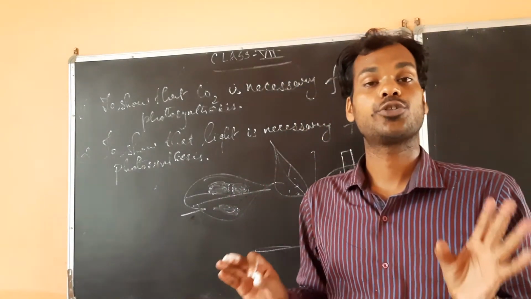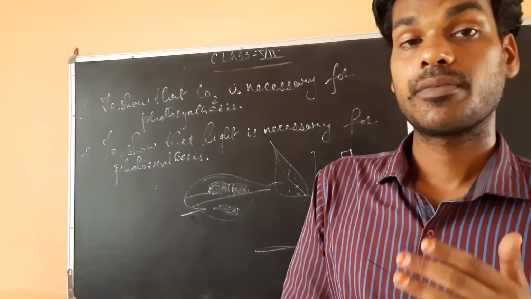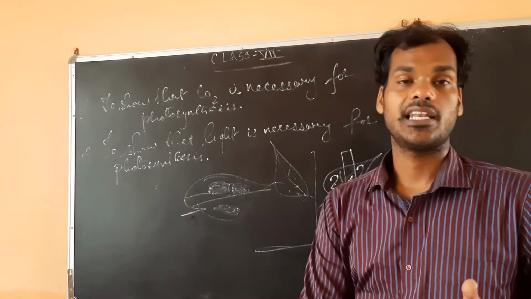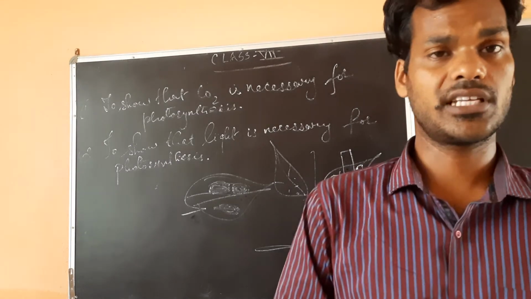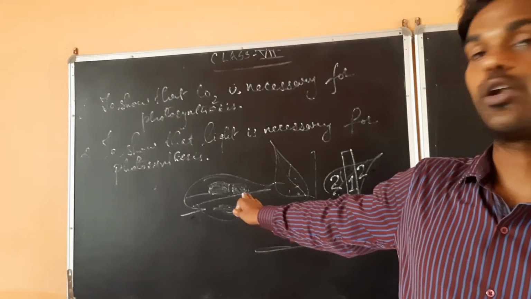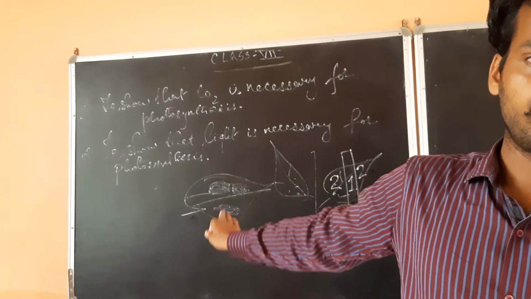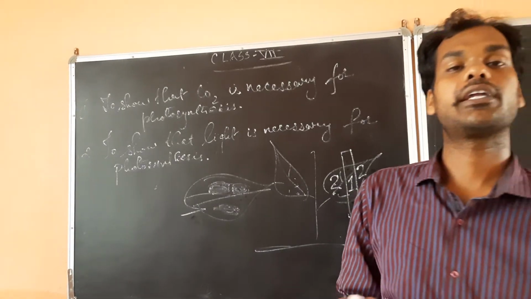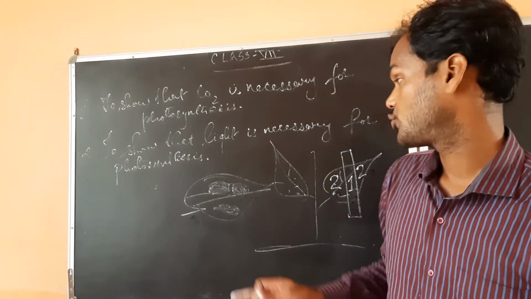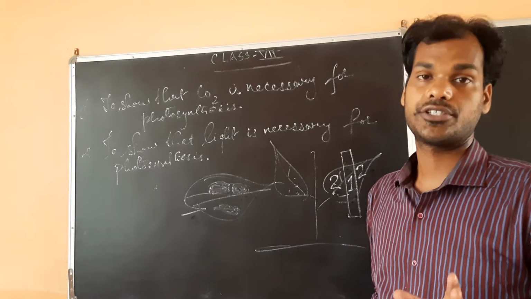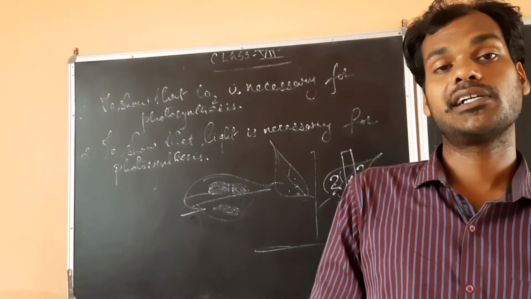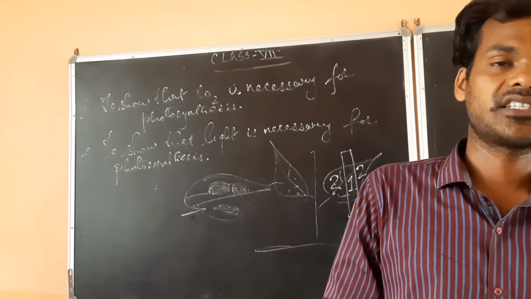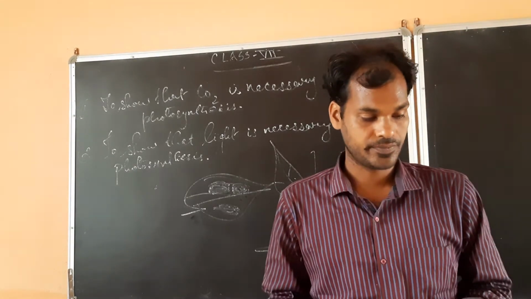The rest of the parts do not show the blue black color, since we have kept it in sunlight. These green parts can do photosynthesis easily because they have chlorophyll, but the rest of the parts do not contain chlorophyll, so they are unable to prepare the starch. So this simple experiment tells us that chlorophyll is necessary for photosynthesis.